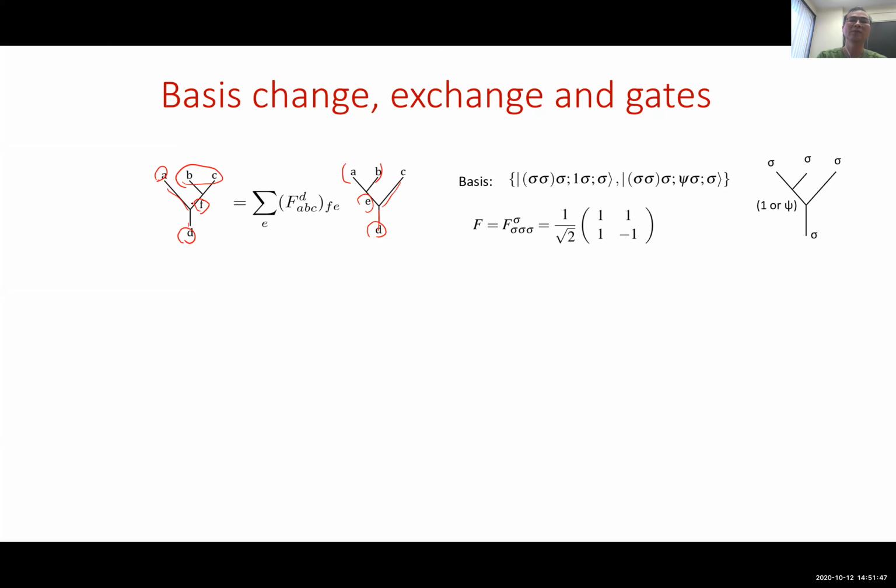This is a basis transformation, and they are related by a unitary. And in this particular case, that you have 3 sigma that fuse to 1 sigma, you've already seen that there are only 2 possibilities. So either identity or psi.